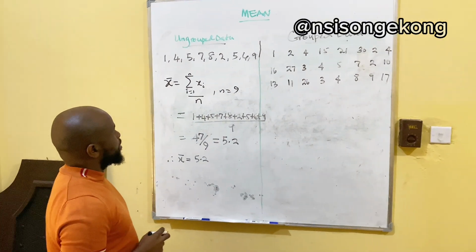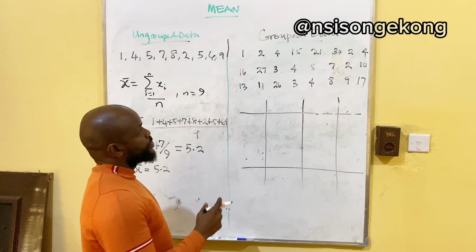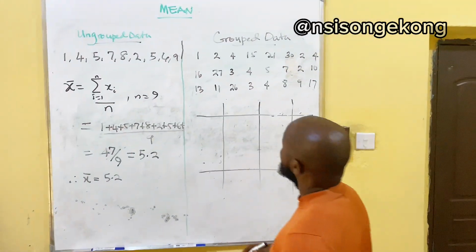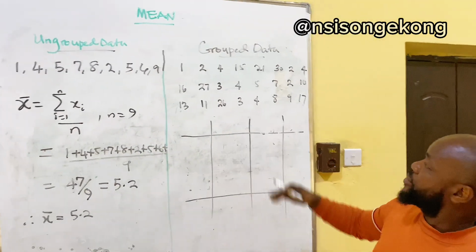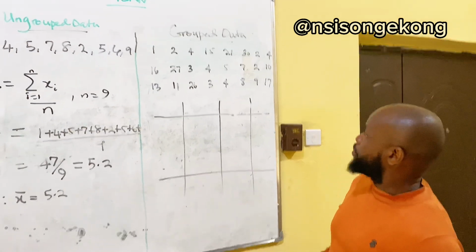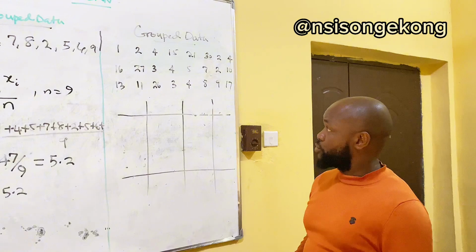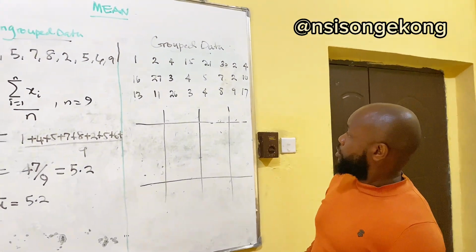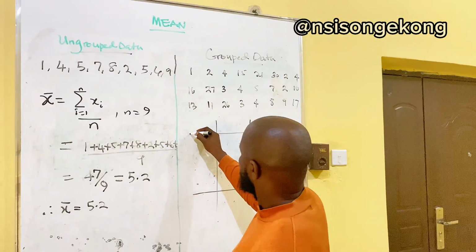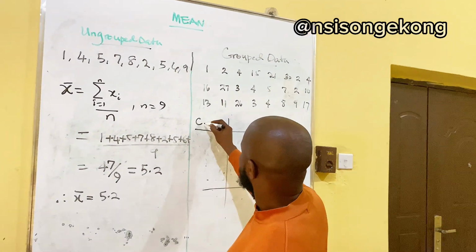Okay, that's for that particular problem. We now move to this other data set. The data set is given as ungrouped, but we intend to group the data set into a frequency distribution and use the frequency distribution to obtain the mean. So the first column will be for the class interval.